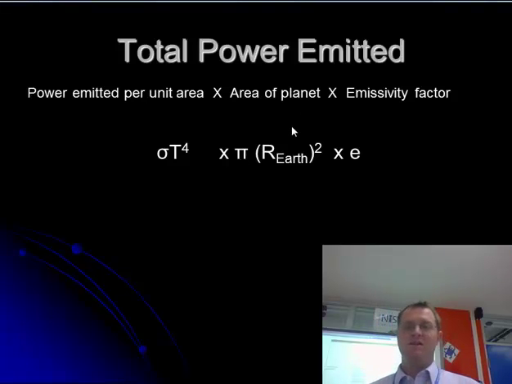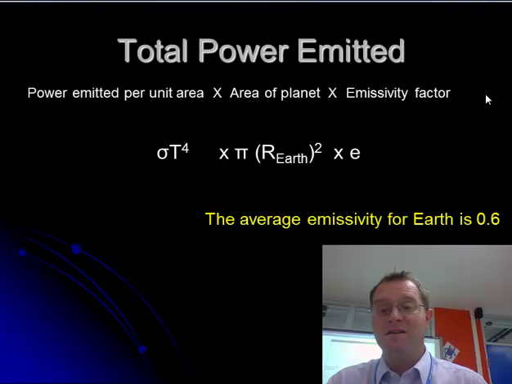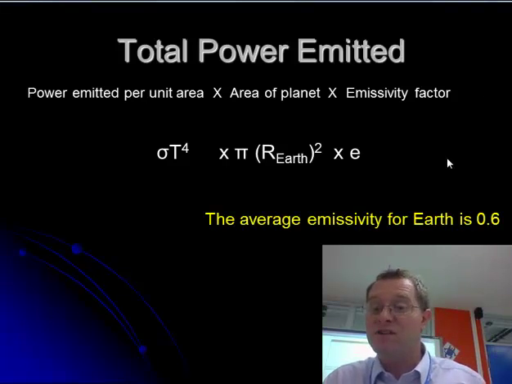I've said that this is pi times r squared, which is just the one-dimensional flat area of a circle with a radius of planet Earth. This helps in some calculations in a minute, but it's an acceptable assumption. And e is the emissivity factor. Emissivity on average for planet Earth is about 0.6.